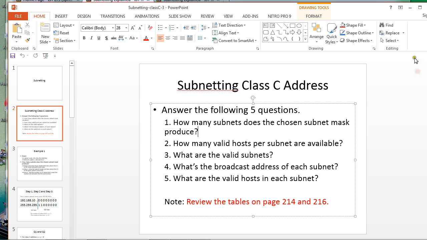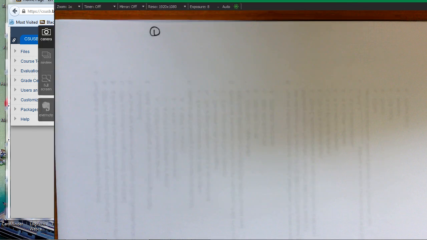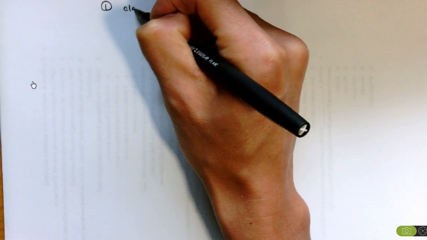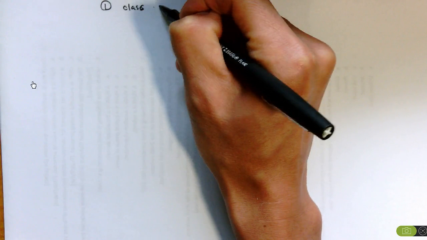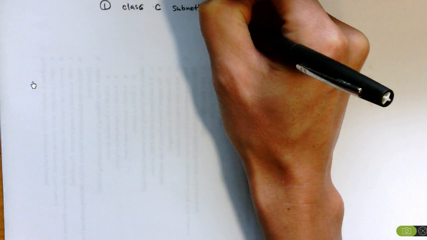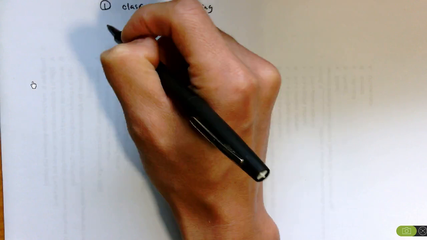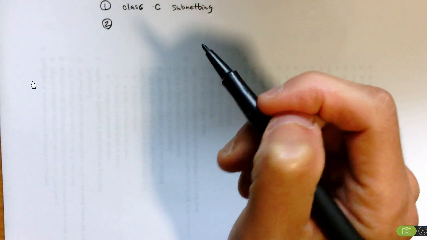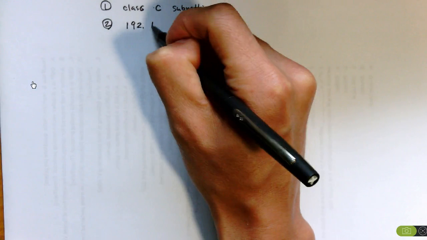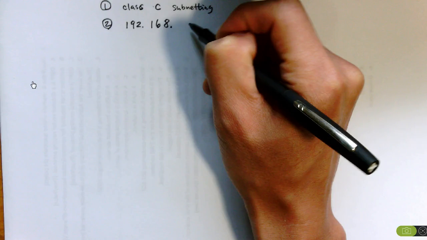Just like I said, three conditions are typically given. This is a class C subnetting problem first. In this case, I give you the IP address, which is 192.168.10.0.